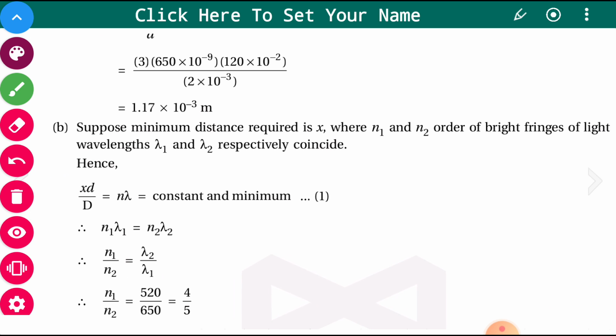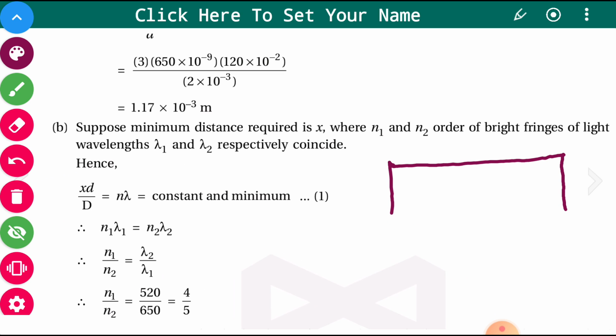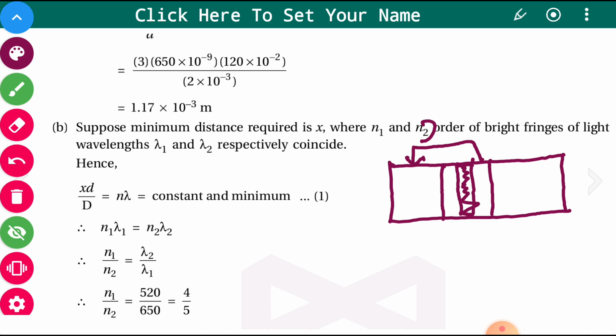Now suppose the minimum distance required is x, where the n1 and n2 order bright fringes of the lights with wavelengths lambda 1 and lambda 2 respectively coincide. Try to understand. You have the interference pattern produced on the screen. This is the central maxima, then this becomes the minimum, and again central maxima. Now this distance is x from the central maxima, where the bright fringes of the first and second wavelength coincide.